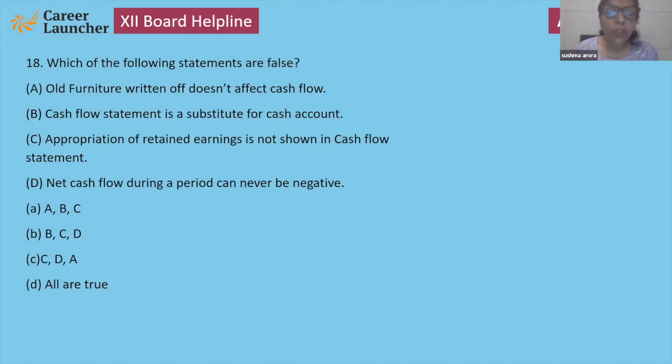Net cash flow during a period can never be negative. Yes, children, which statement do you think is wrong? Clearly we can see. Yes, B, C, D, all these three are false. But A is correct because depreciation affects the cash flow.